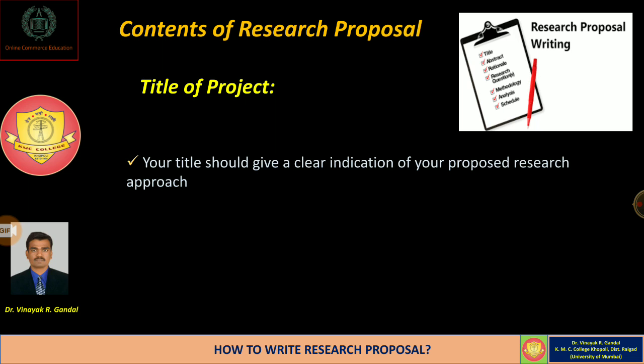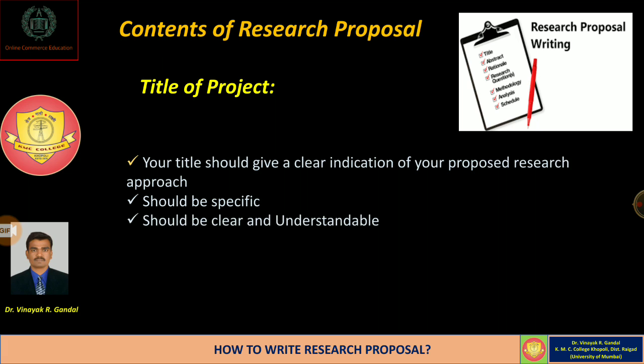The learner should keep in mind some guidelines or points while drafting or writing the title of the project. Your title should give a clear indication of your proposed research approach. The research title should be specific, clear and understandable.